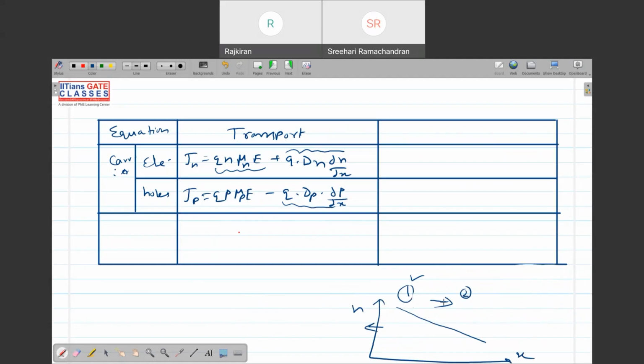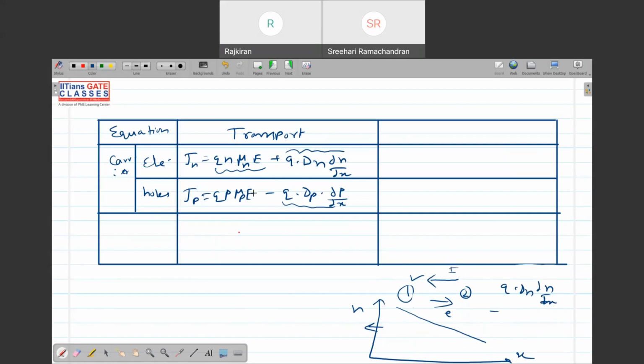What is the current flow direction, left or right? By convention, opposite. So in this case, if you do q D_n dn/dx, dn/dx is negative here, so the current will become negative. That is okay for us, because the current should become negative only. So now understand the physics behind this plus or minus?